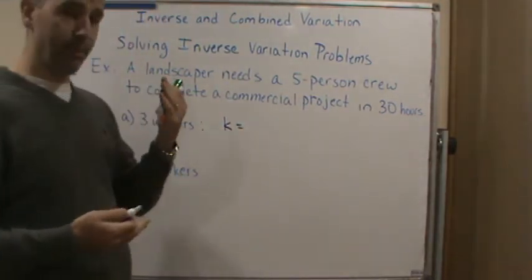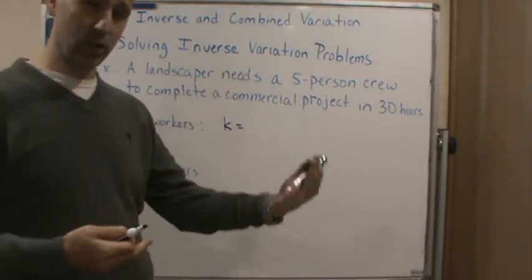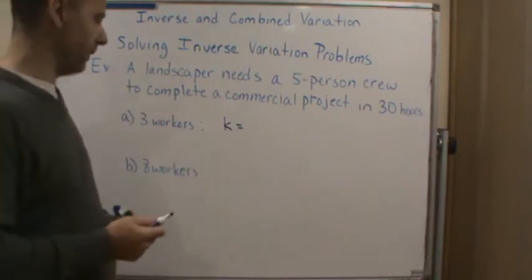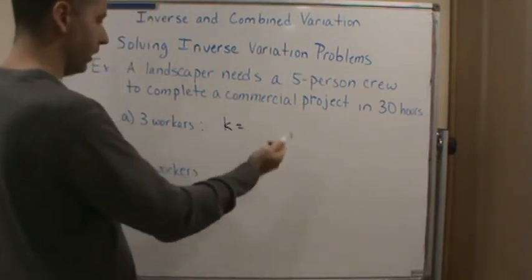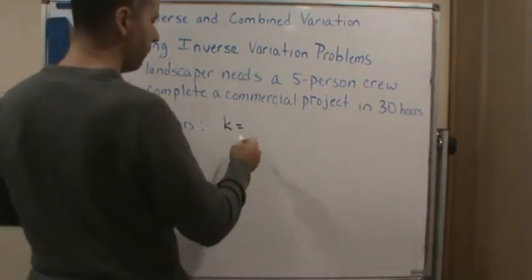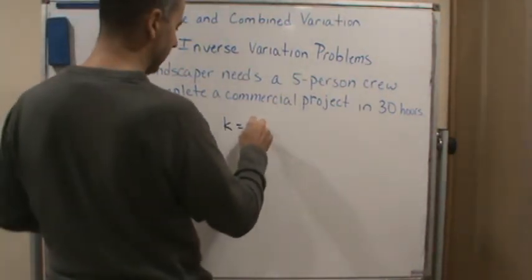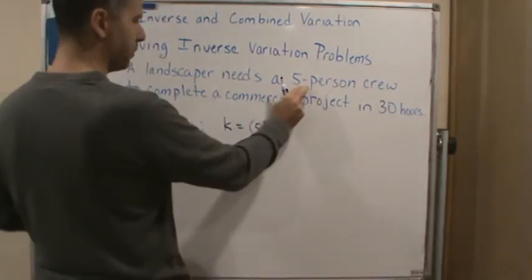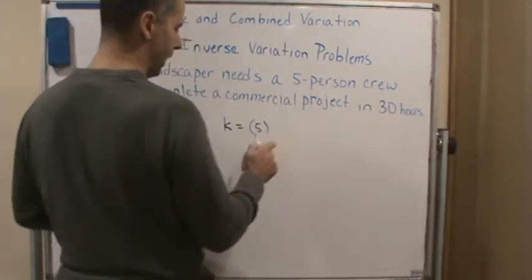Well, the amount of time that it takes to complete the job depends on the number of workers. So the number of workers is my independent variable X. The number of hours it takes to complete the project is Y. So K is going to be 5 times 30, because they give me the information that a 5-person crew will finish in 30 hours.